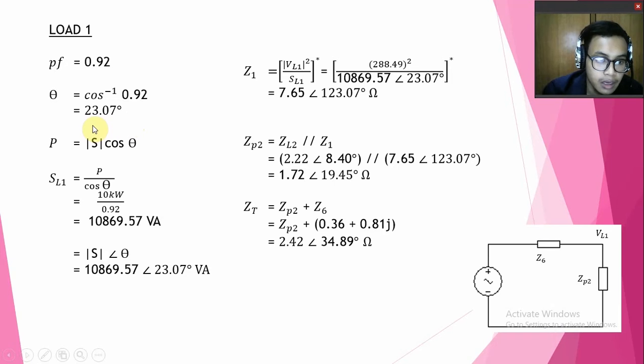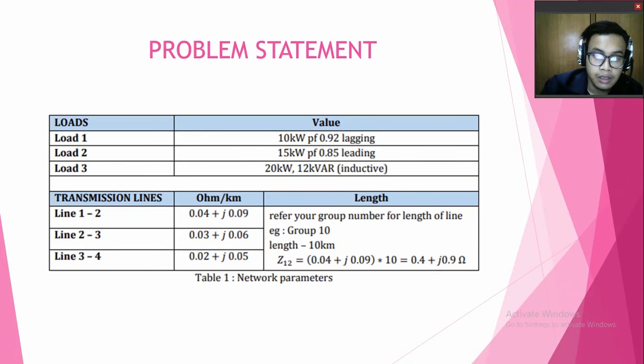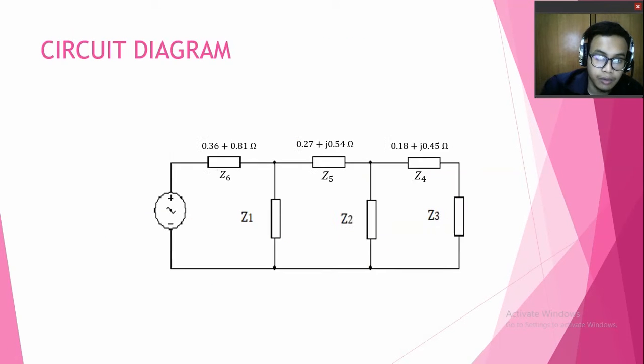After that, we find the real power of load 1 by dividing the apparent power by the power factor. The apparent power of load 1 is given, 10 kVA.